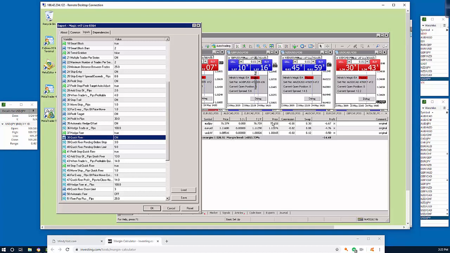So when a trade hedges, that hedge is going to go in immediately, as soon as the EA can find a tick to put the hedge in on. So your hedge is going to be very close to 100 pips away from your original trade.